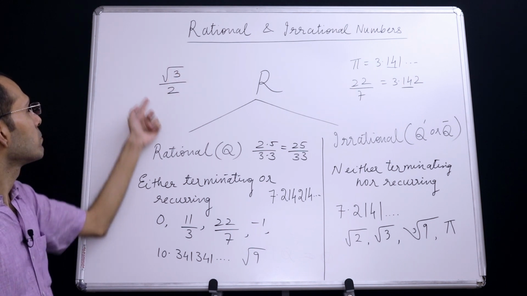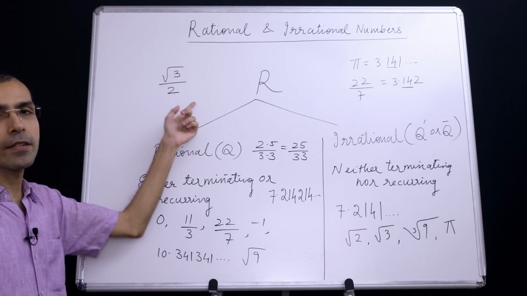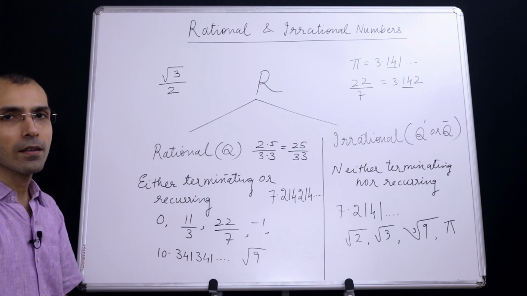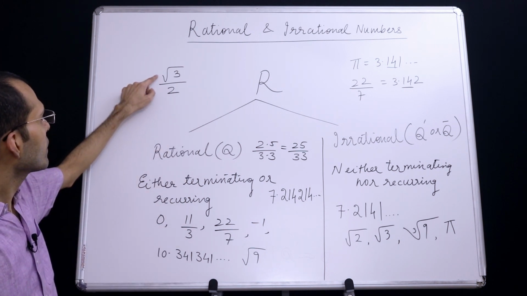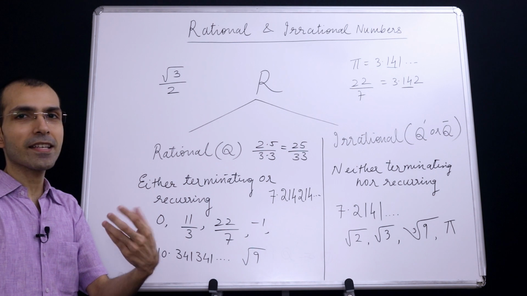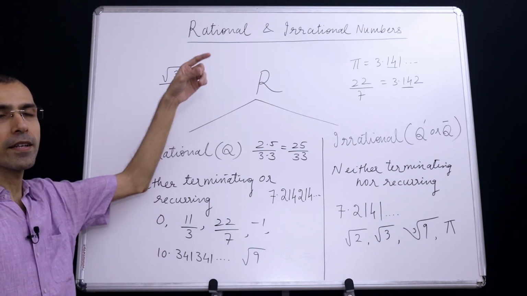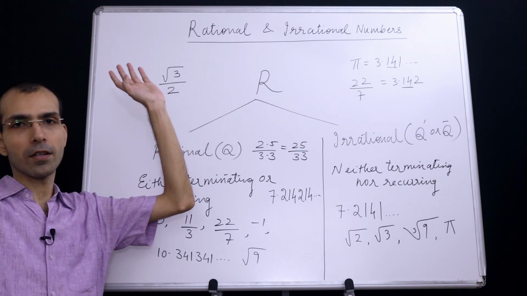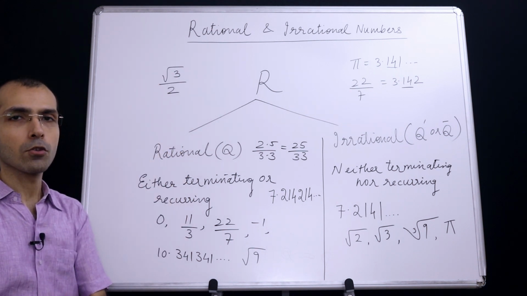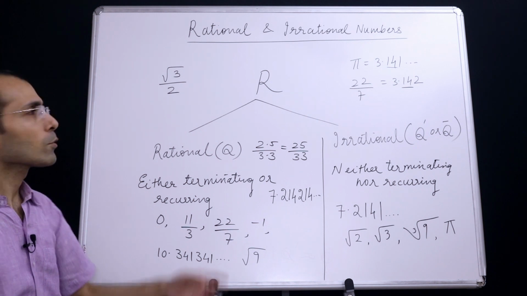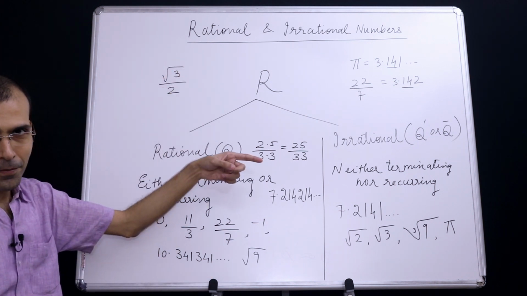Root 3 by 2. This is the numerator, this is the denominator. Here the numerator cannot be expressed as an integer. Root 3 value is what? 1.732 and so on. Neither does it terminate nor recur. So root 3 is irrational.